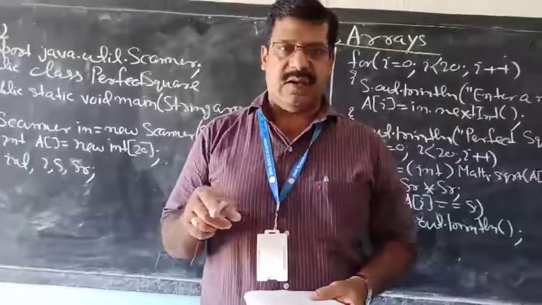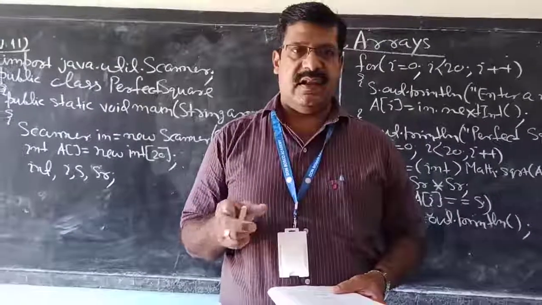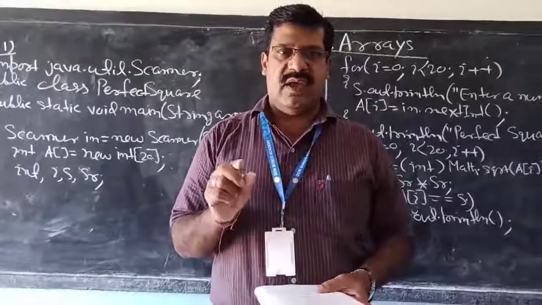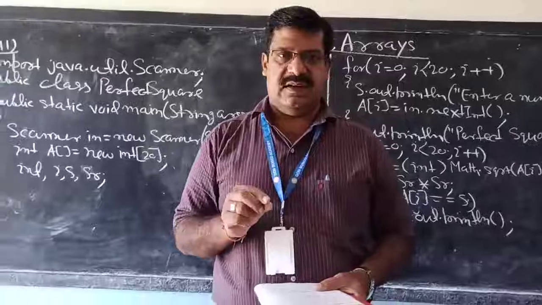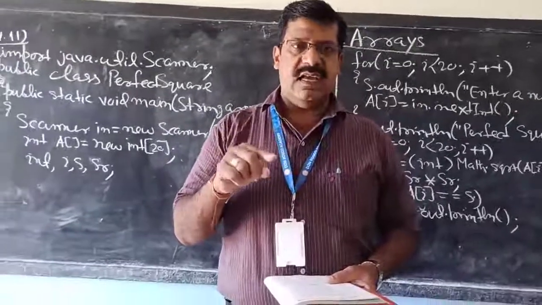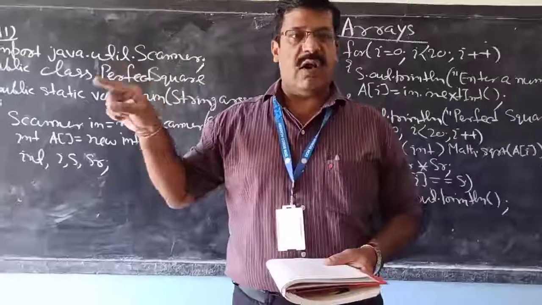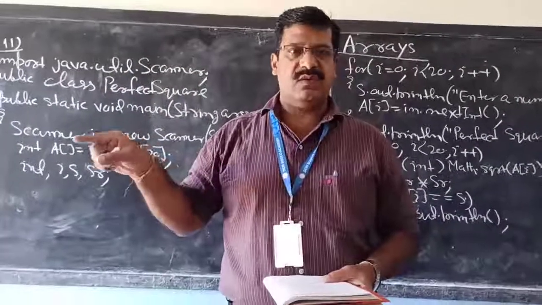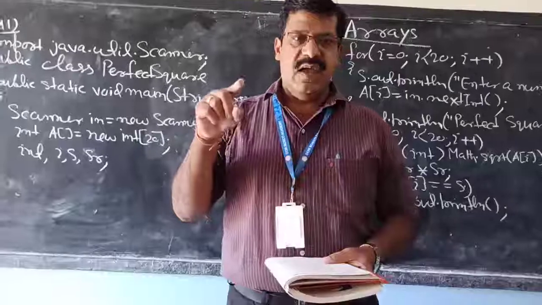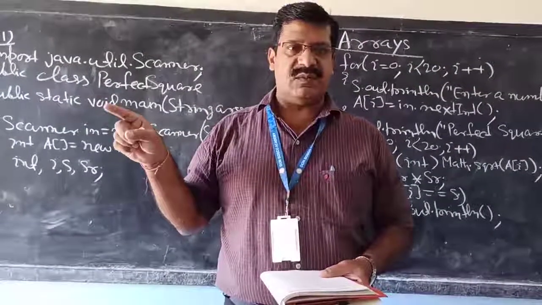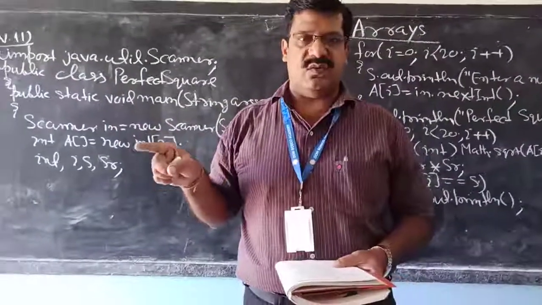Inside, first input the sentence, find the length, and run the loop: ch equal to s.charAt(i), picking the first letter. Check if ch equal to capital A or small a, then na equal to na plus 1. Else if ch equal to capital E or small e, then ne equal to ne plus 1.